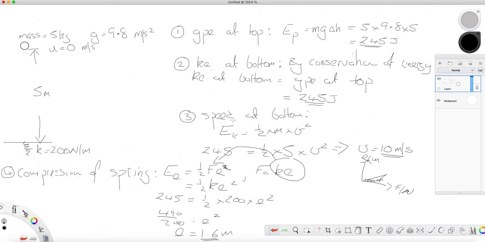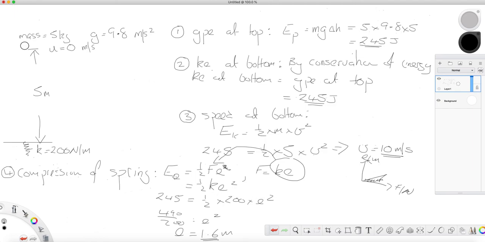Question 3 then, what's the speed at the bottom? Well, knowing you've got 245 joules for a mass of 5 kilograms, 245 is a half by 5 by the speed squared, gives us a speed of 10 meters per second, give or take. And then the compression of the spring. Well, that 245 joules is now going to go from kinetic energy at this point to elastic potential energy in the spring as the spring is compressed.